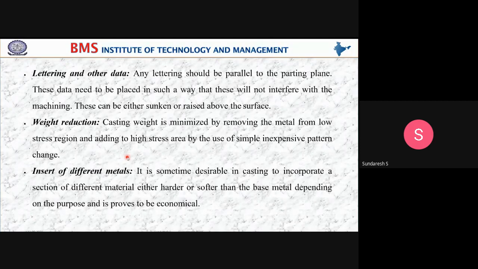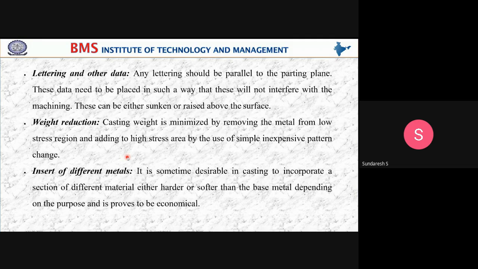So whenever you want to provide any data or lettering across the surface of the casting components, these letters should always be parallel to the parting line. Also the data needs to be placed in such a way that it will not interfere with the machining, because you will machine the casting after you complete the casting, on the machining surface.